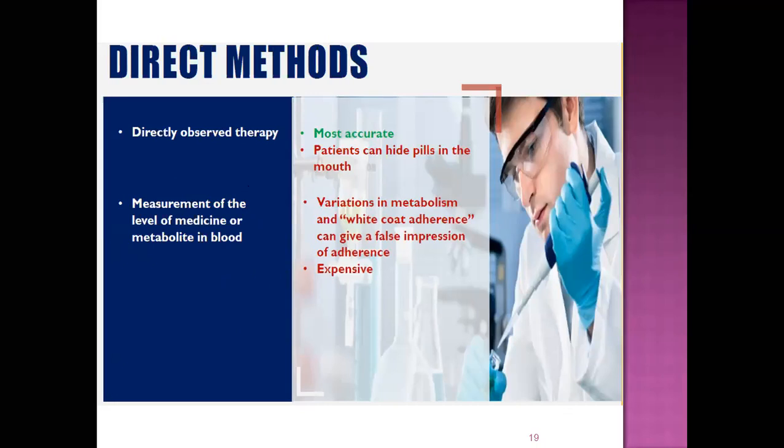This type of testing on blood samples is much costlier. It avoids the false impression of adherence given by the patient, since complete blood reports show how much of the medicine is present in the blood. It is detected by collecting a blood sample and identified accurately, but this method is very expensive.